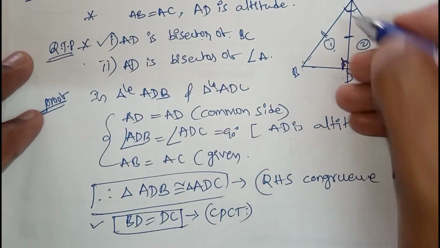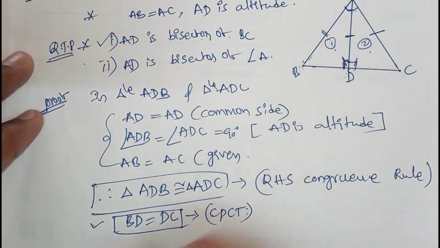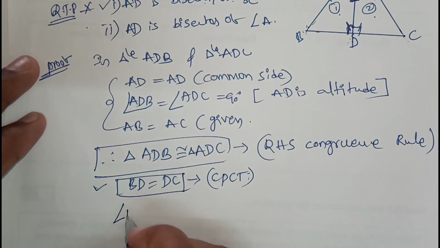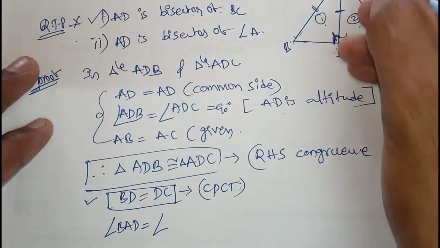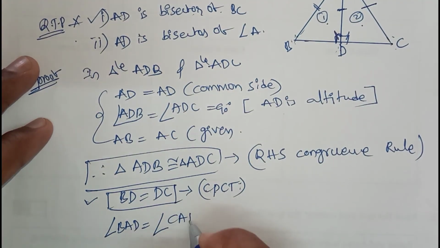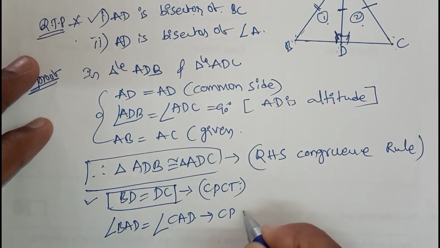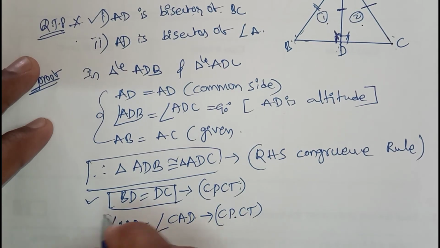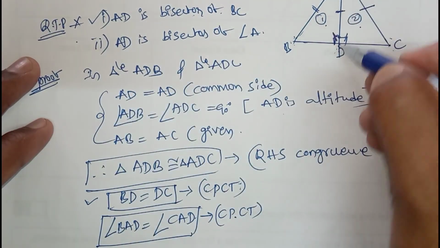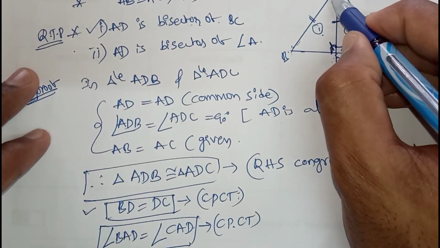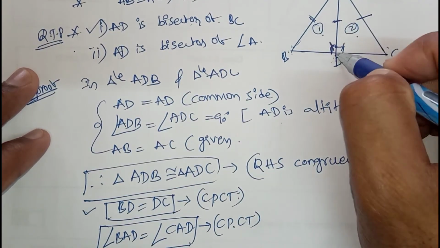And we can take angle BAD equal to angle CAD. This is also CPCT. These two angles are equal, so we can say AD is the bisector of angle A.